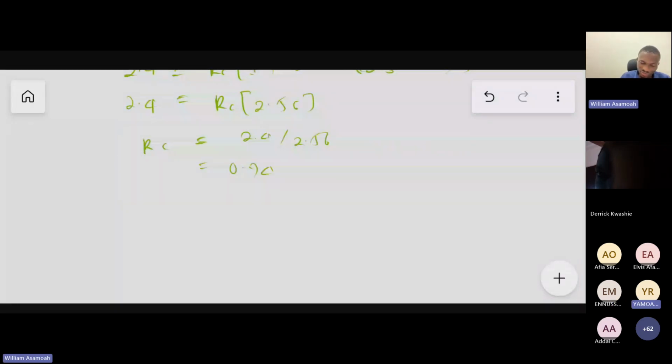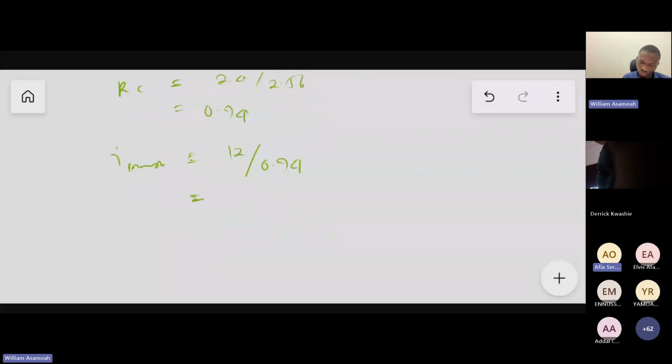Now that means that at startup, the inrush current will be equal to 12 volts over 0.94. And what do we have? 12.76, which is like 12.8, right? Yeah, 12.8 amperes.